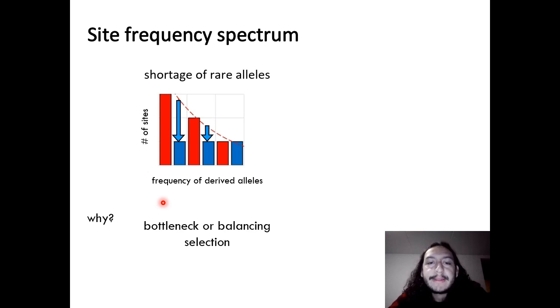Another way where this can actually happen is when you have balancing selection for some sites, for example. So when you have these new mutations, they're not going to behave like neutral mutations, so they are actually going to increase their frequency quite quickly, because these new mutations are going to be favored when there is balancing selection, because then you have more diversity, like for example in the MHC genes, that are going to be favored.